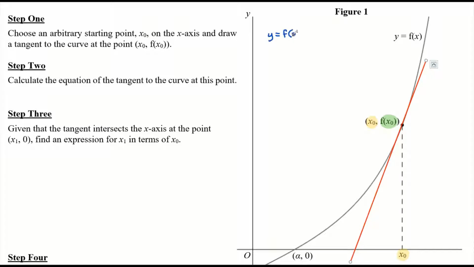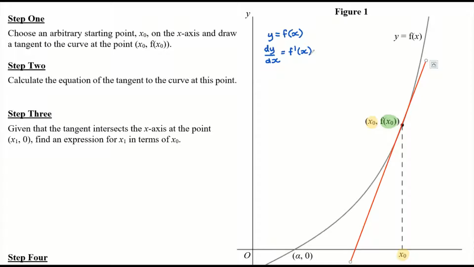Now, if I want to find the derivative of f of x, which I'm going to need to find the equation of the tangent, I just simply call that dy by dx. Okay, and the derivative of this, we just use the notation f dash x, as you're familiar with. So we can call that the derivative at any point along that curve.